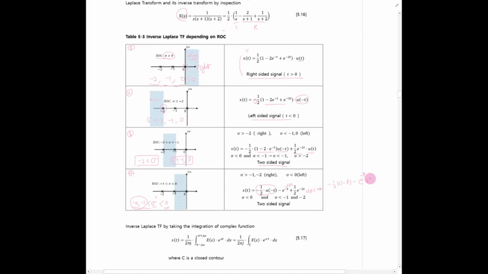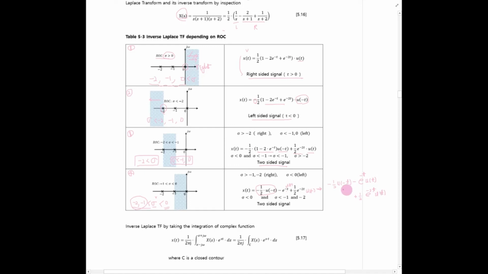This one is right-sided, and the last one is 1.5 times e to the minus 2t, sorry, 2 times t, and u(t).